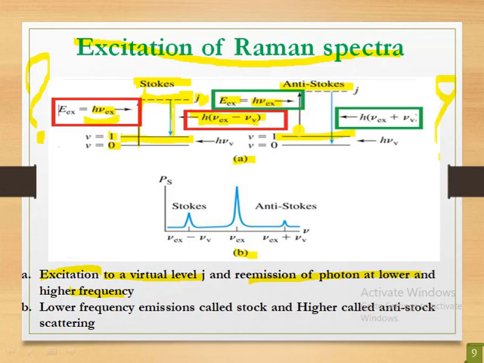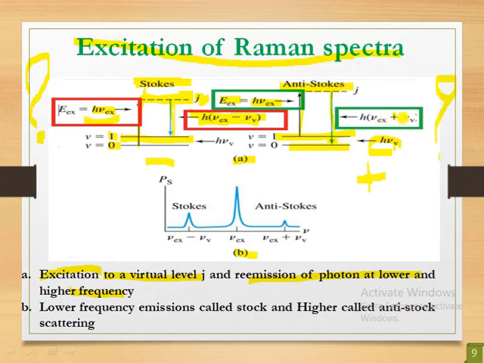The molecule will excite from the first vibrational excited state, and it will come to this virtual state. When it re-emits the photons, it will come over here to the ground state, and this is the energy difference. But here the energy increases, and here the energy decreases.